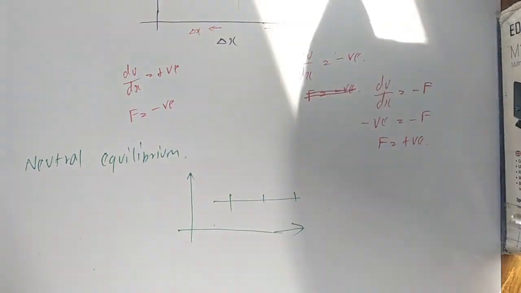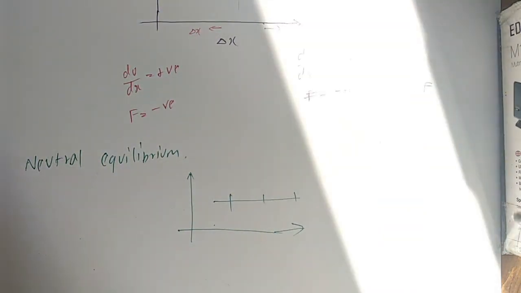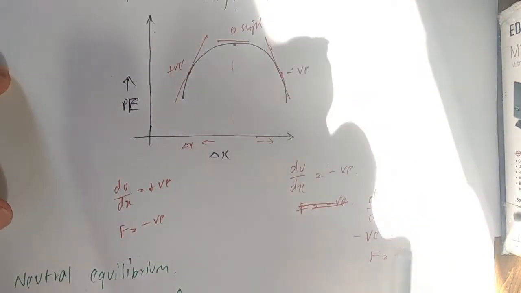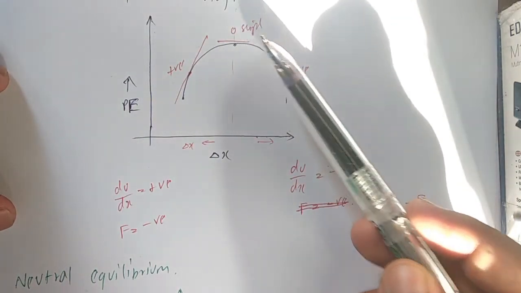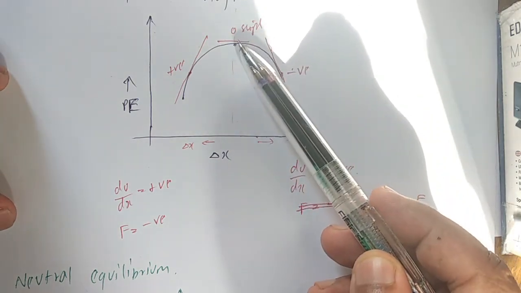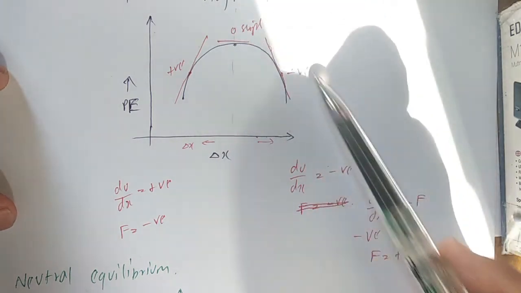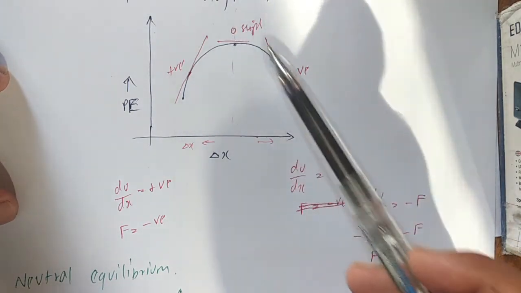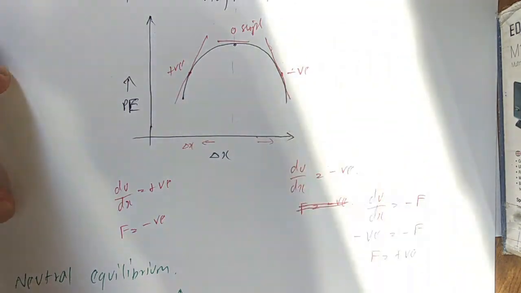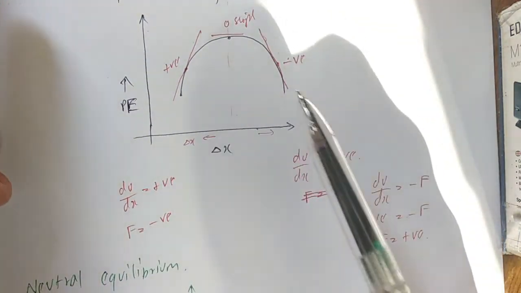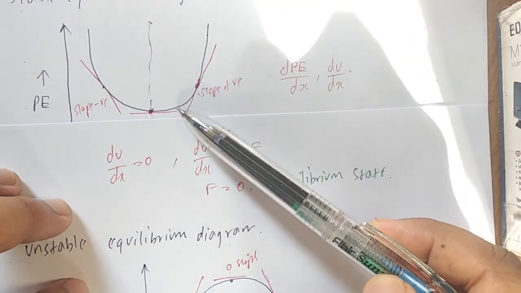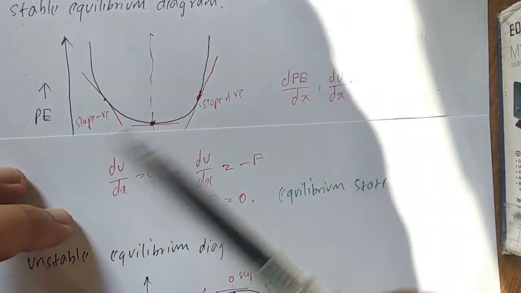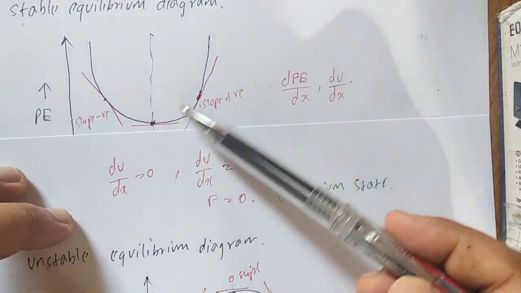So what is the difference between these three types of equilibrium? In case of unstable equilibrium, you can see easily that when you apply a slight disturbance, a slight displacement in this direction, the force will continuously try to act in the same direction, and the system is very unstable. In case of stability, the direction where the displacement is occurring, the force is acting in the opposite direction, such that the body is trying to bring the system to the stable condition.